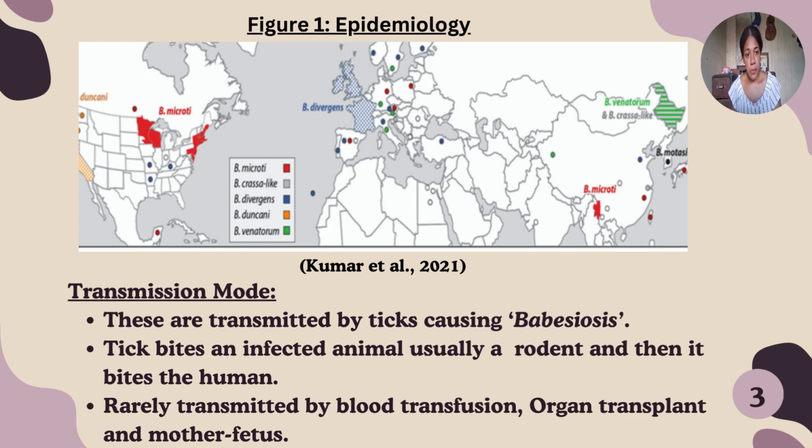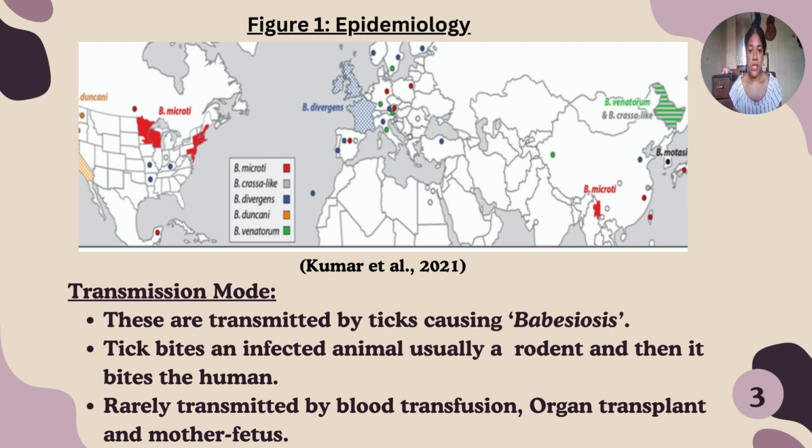The transmission mode of these species is mainly through black-legged ticks, and it causes an infection known as babesiosis. This is a serious blood condition which is mainly mistaken for a common flu due to the onset symptoms being similar.